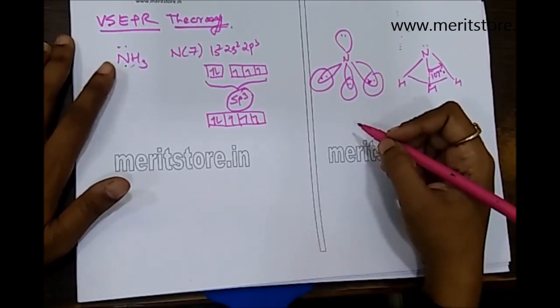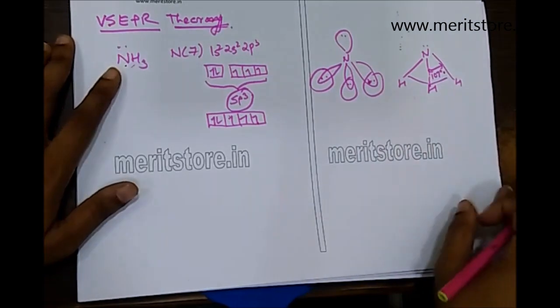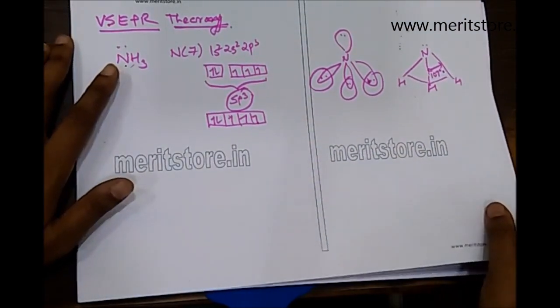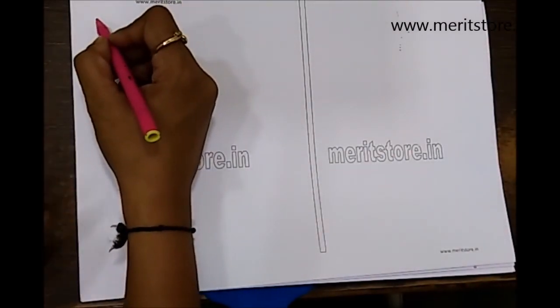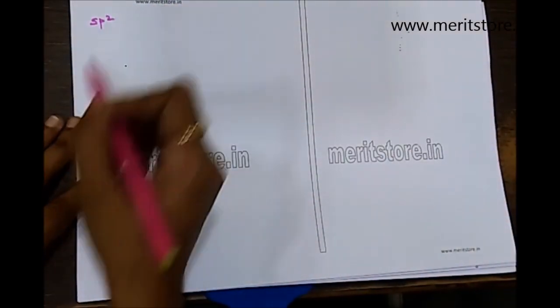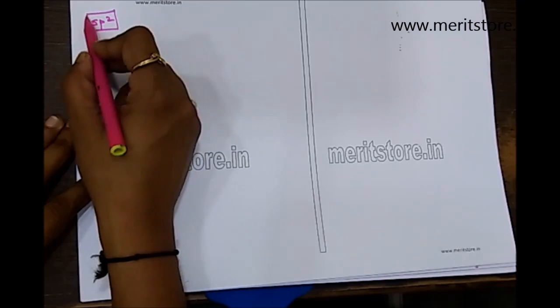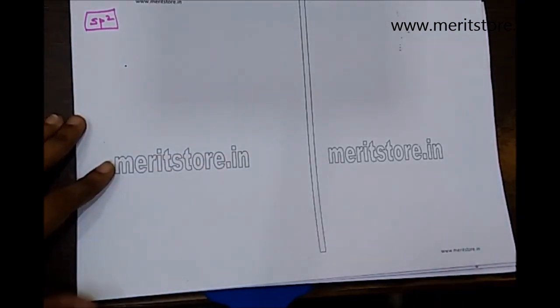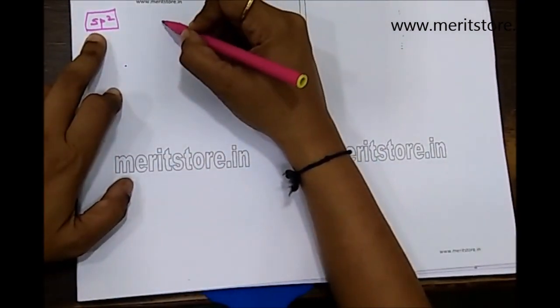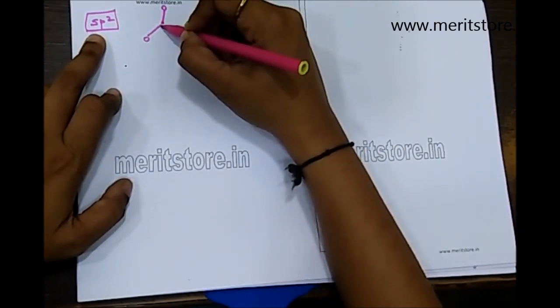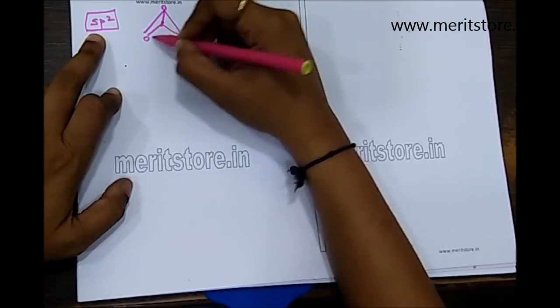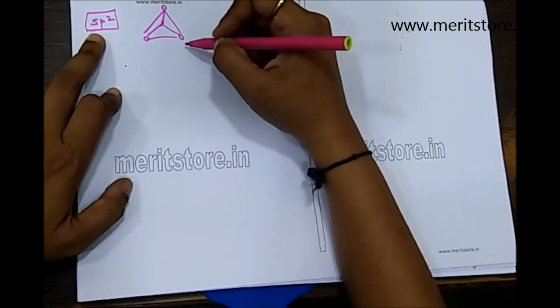So what kind of distorted molecules can we have due to the presence of the lone pair? Let us talk about it. Let us talk first about sp2 hybridization. In sp2 hybridization, as we have discussed, the 3 atoms are present at the apex of the trigonal planar structure.